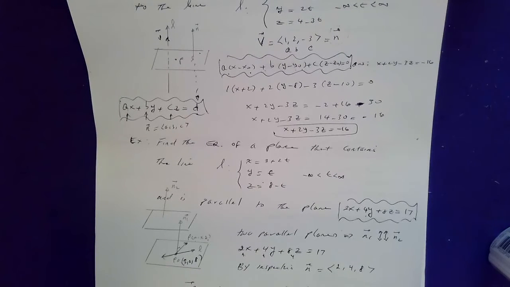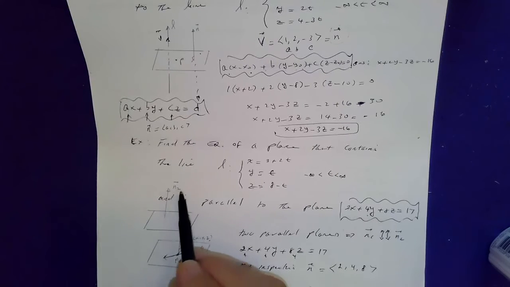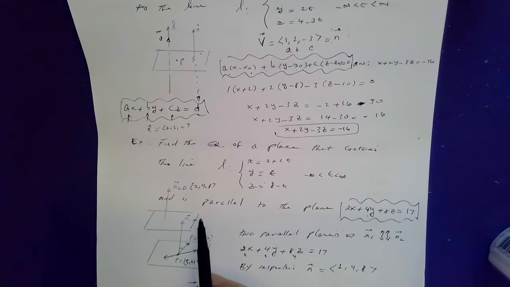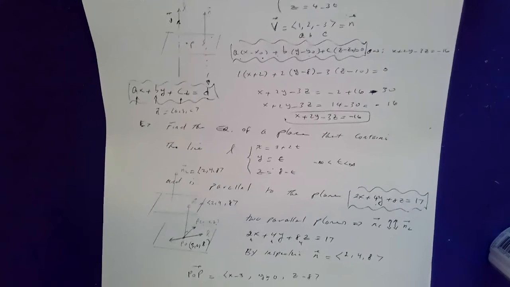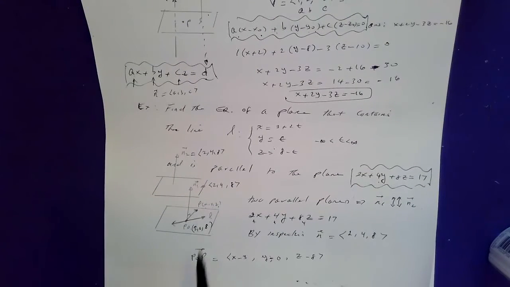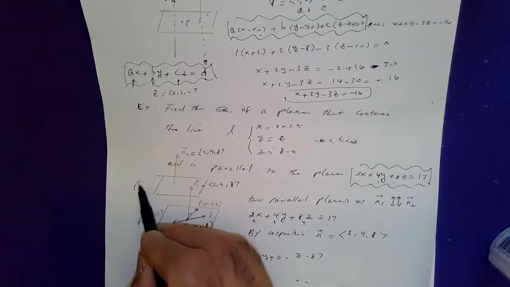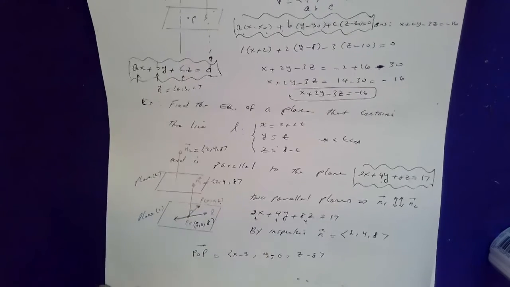Keep in mind, normal vector is what? So if this is the normal vector, the components of the normal vector for plane number 2, you can also use that or any scalar multiple of that for the components of the normal vector for plane number 1, let's say. This is plane number 2.